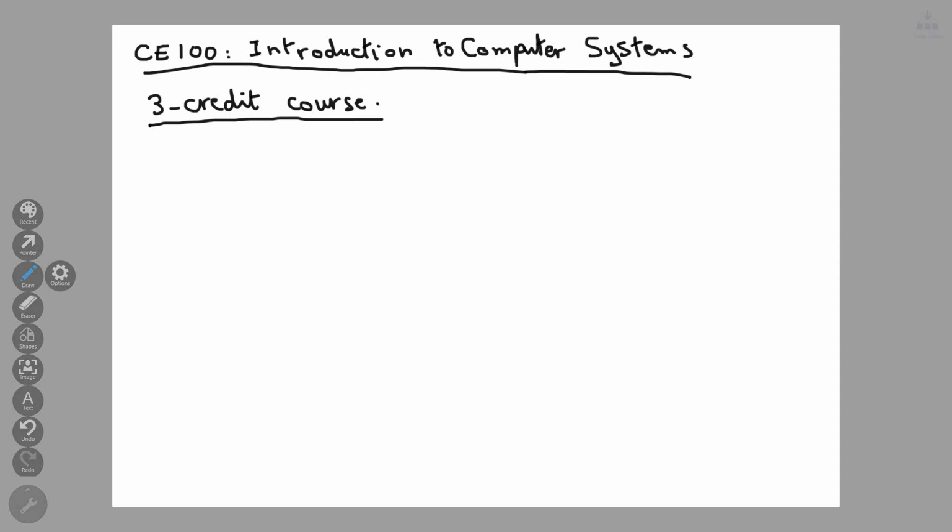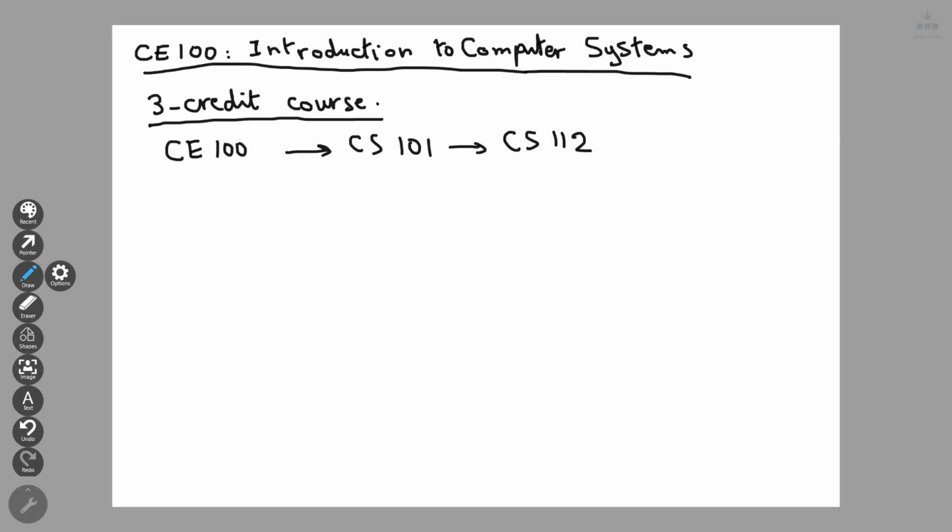So even if you are not in the computer science department, we have 3 courses. First one is CE100, 3 credits only. Then CS101. So usually students take CE100 in the fall, CS101 in the spring, and then next fall, semester 3, they take CS112.